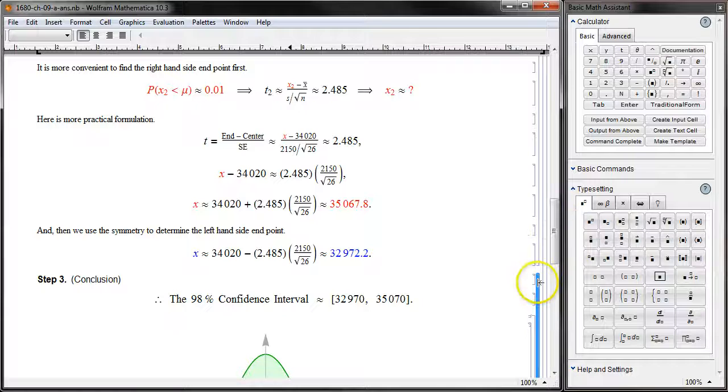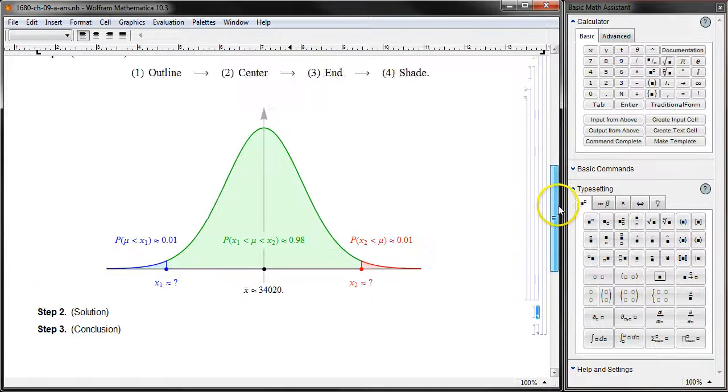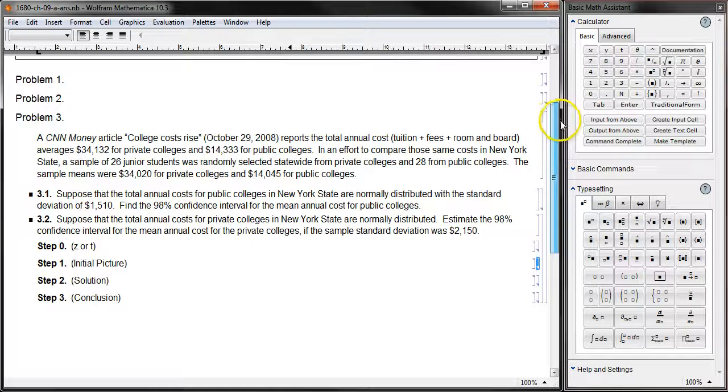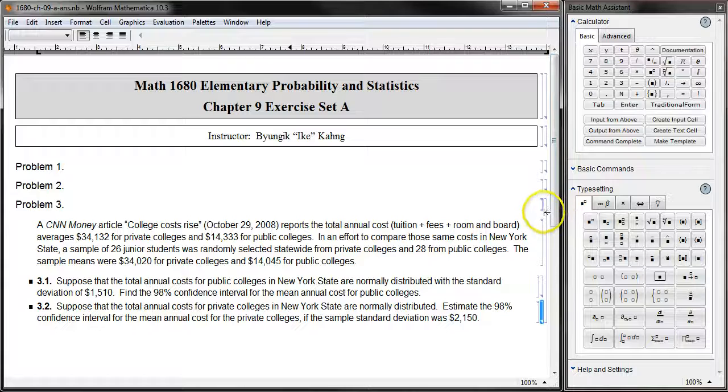Once you begin the computation, it's not hard. End minus center over SC equals the t-score or z-score, and from the table you get the t or z-score. The hardest part is the decision making, whether this is a t-curve problem or a z-curve problem. Now, in my exam, if you make a wrong judgment, you're not going to get 0 credit. Typically, I give about a 3-point deduction in a 10-point problem in the exam.